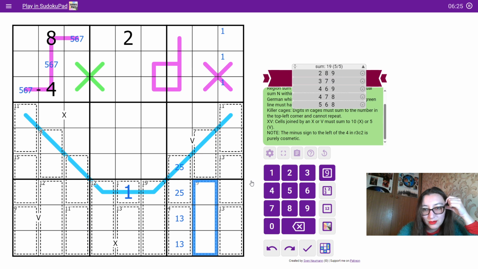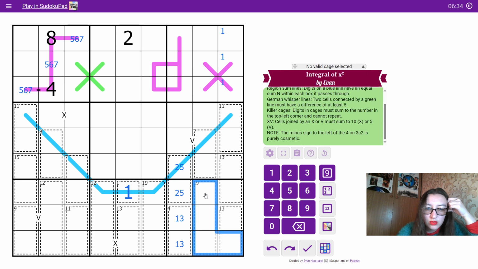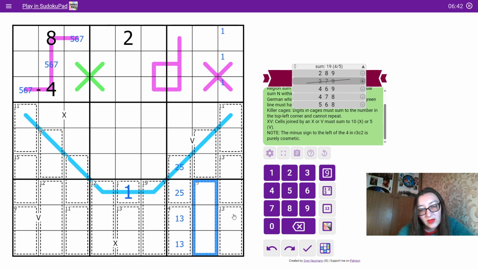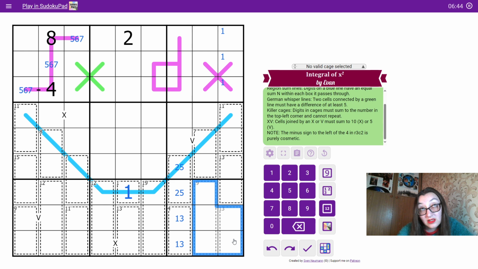So now I cannot put 3 in this 19 cage, so I can cross out that. What are those? So this is 19. So what do those 2 digits add up to? Okay, 20 and 13 is 33, so that's 32, and plus 4, 36.